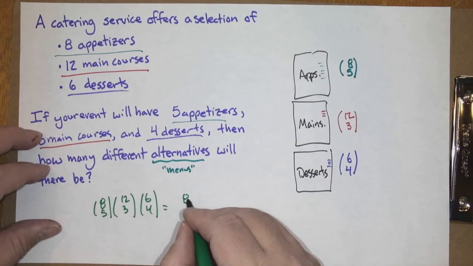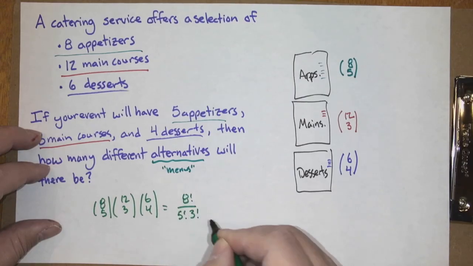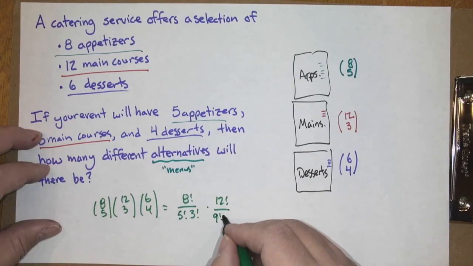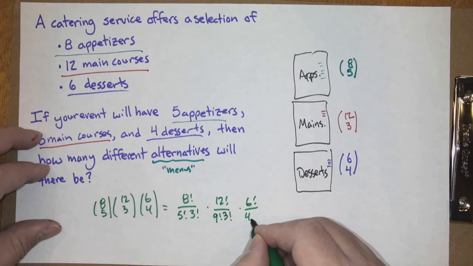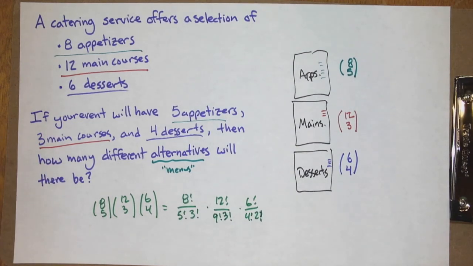So this is going to give us a lot of things here. 8 factorial, 5 factorial, 3 factorial, 12 factorial. There's going to be a 9 factorial, 3 factorial, 6 factorial, 4 factorial, 2 factorial. Whoops. And let's see if we can't simplify things.